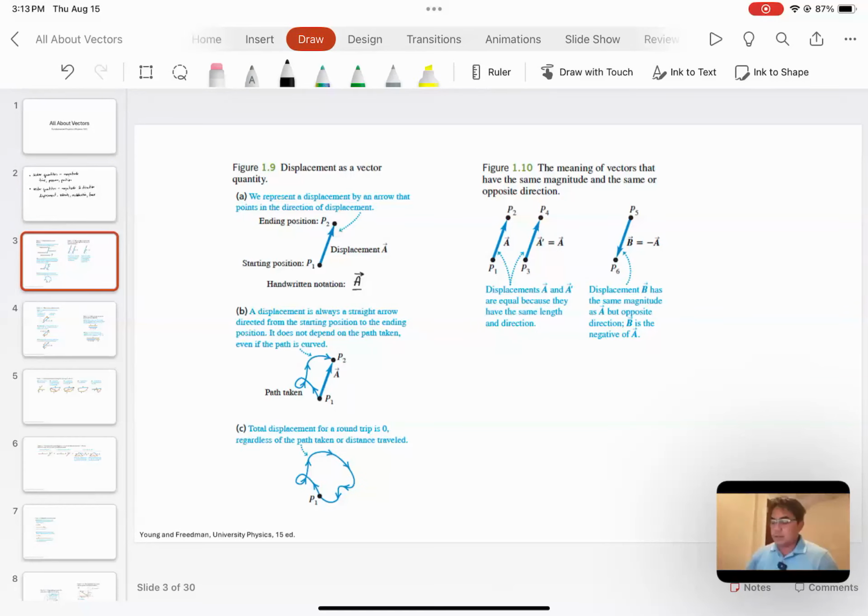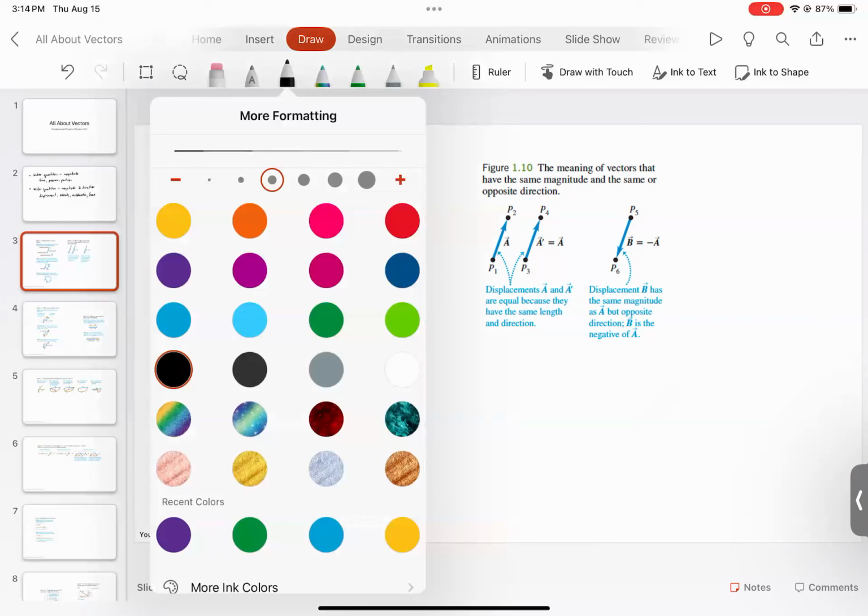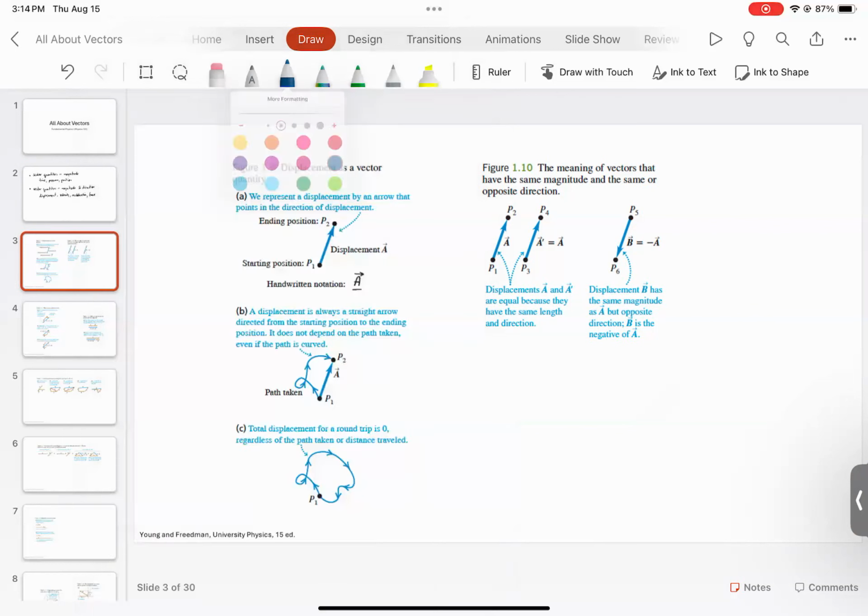Okay, so we will begin with the description of what a vector is. An example ng isang vector ay displacement. And to describe a displacement, gumagamit tayo ng isang position. We describe a starting position, which we see here, and then an ending position.